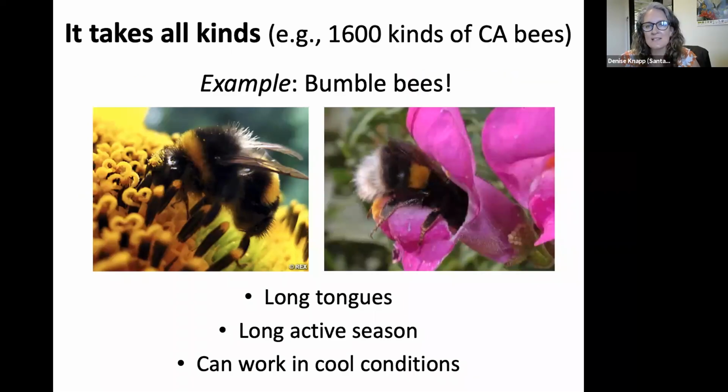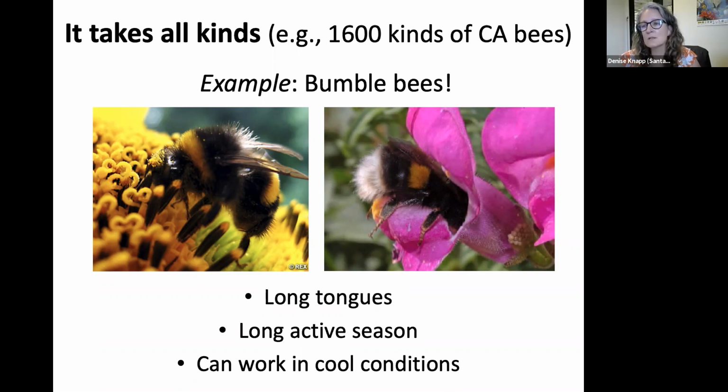And there's that message, it takes all kinds. For example, in California, there's about 1,600 different kinds of California bees, which seems almost impossible to imagine until you really realize that they can be tiny, they can be not that hairy, they can be huge, they can be everything in between. But here's an example, and that's bumblebees, which are really great pollinators. They are obviously big, they're really hairy.